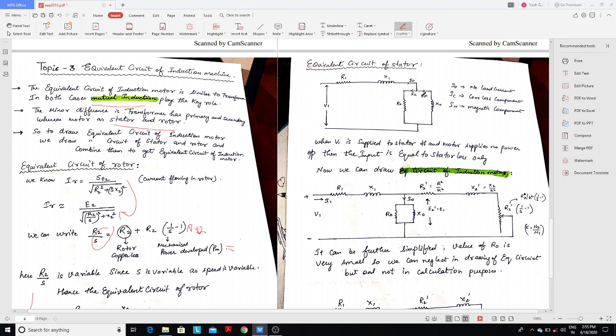The no load current I0 is simulated by a pure inductive reactance X0, taking the magnetizing component I mu, and a non-inductive resistance R0, carrying the core loss current. You can see I0 is divided into two parts, IC and I mu, where IC is the core loss component and I mu is the magnetizing component. When V1 is supplied to the stator and the motor supplies no power, then the input is equal to the stator loss only.